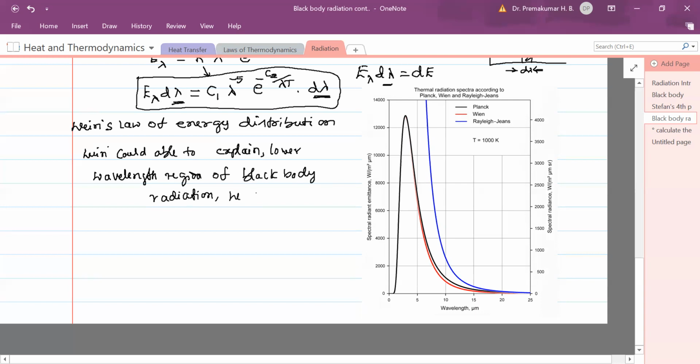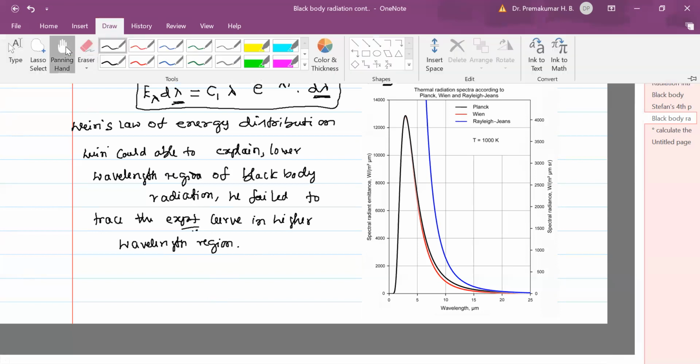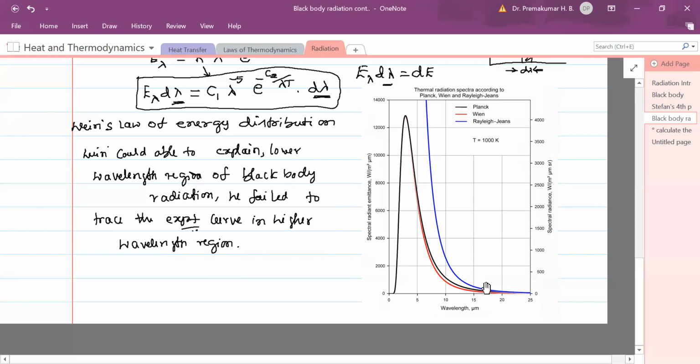But if I try to trace the experimental curve in the higher wavelength region, the theoretical equation he derived failed to completely explain the black body radiation curve.